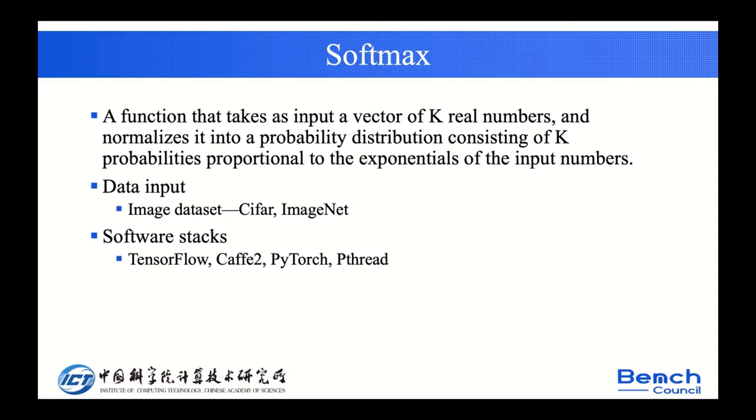Softmax is a function that takes as input a vector of k numbers and normalizes it into a probability distribution consisting of k probabilities proportional to the exponentials of the input numbers.